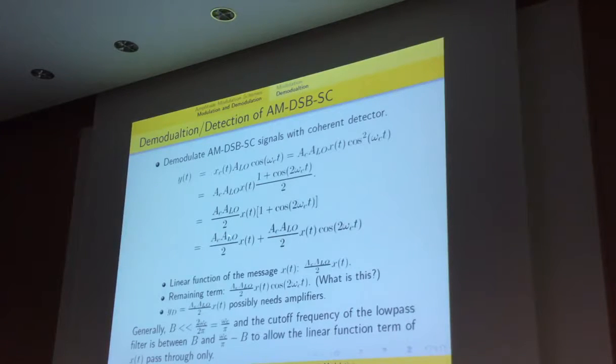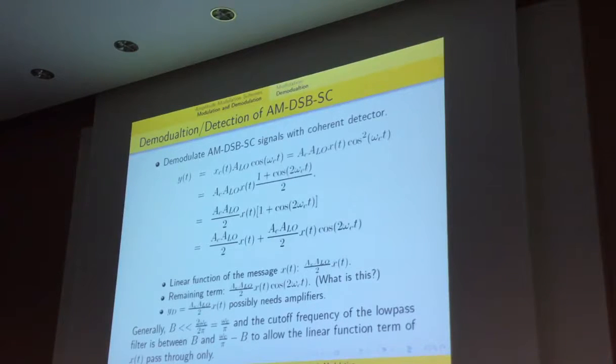But because of the constant factor here, sometimes the voice signal becomes softer, so you may need some amplifier. The second one is the cutoff frequency for the low pass filter.